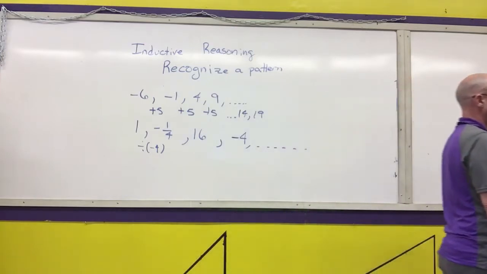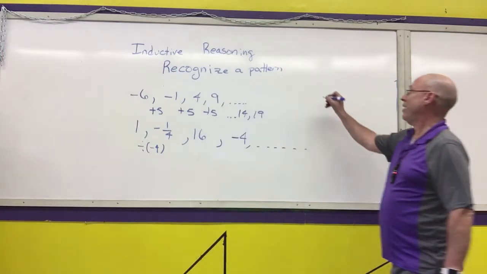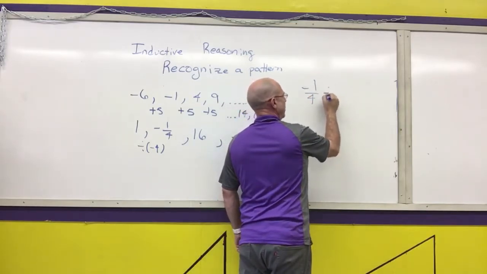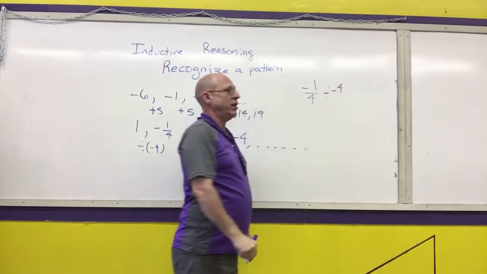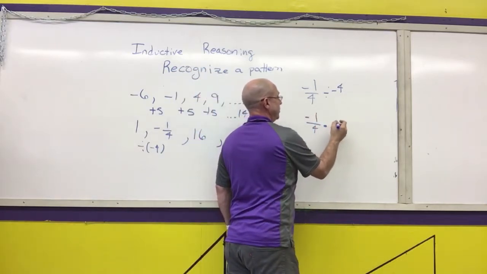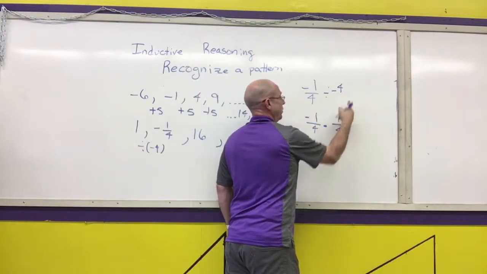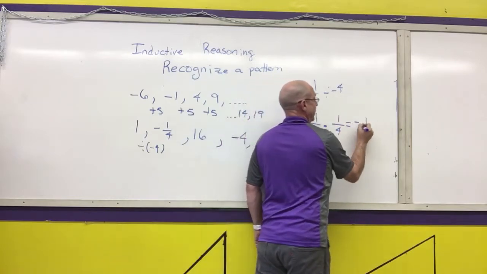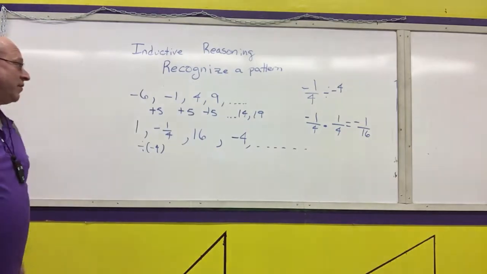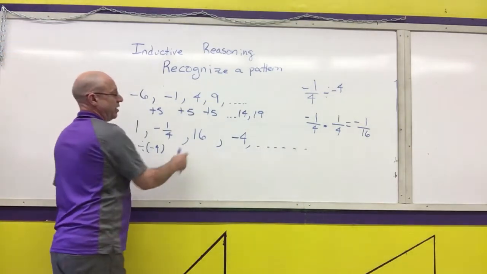Are you sure? Negative 1 quarter divided by negative 4 is what? It's negative 1 quarter times 1 over 4. Flip it over and multiply. So it's not divided by negative 4 because I would end up with a negative 1/16.